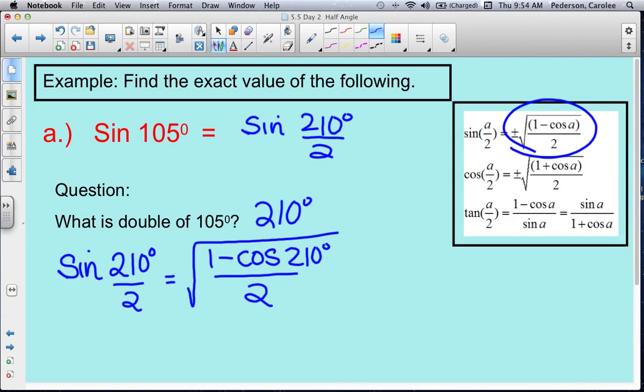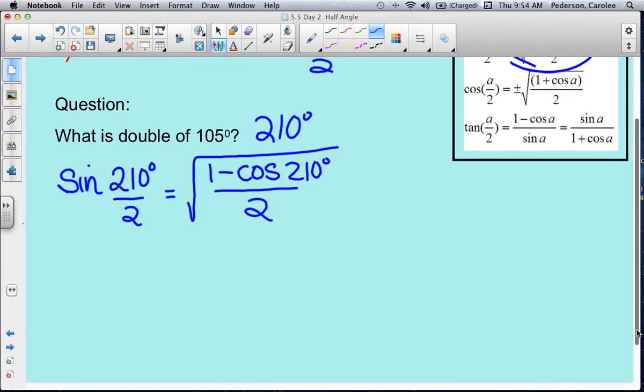Now we can find the exact value of the sine of 105 degrees. So we look over at our unit circle. What is the exact value of the cosine of 210 degrees? Great. Negative square root of 3 over 2.